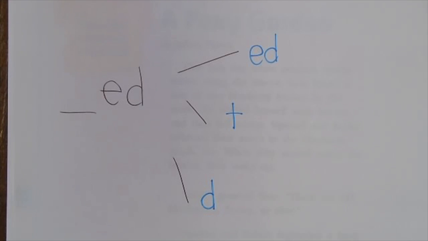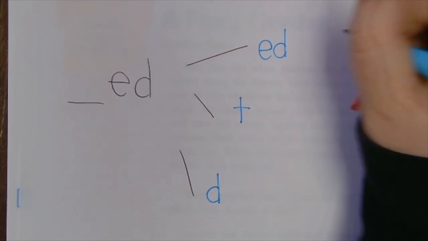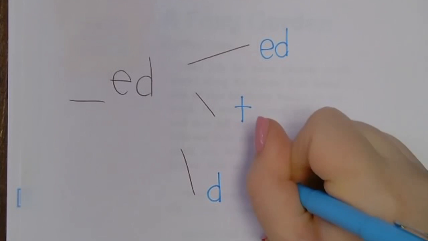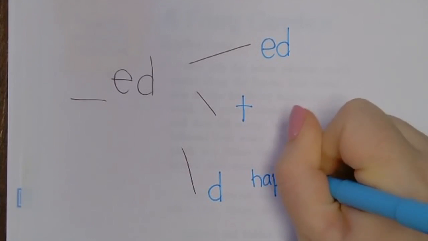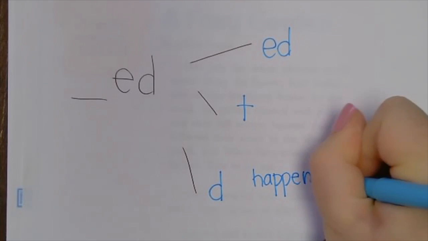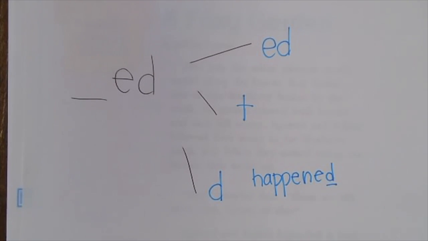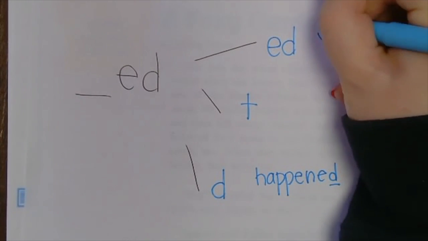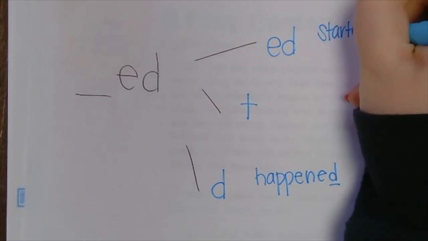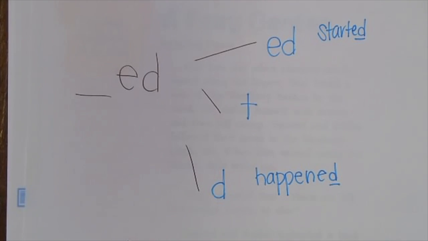So in our story, we know that we have the word happened. Happened. That would go here. Happened. D, d. But we also have another one that said started. Start, ed. It has that ed sound. And then we have that t sound. So I want you to think about a word that has the t sound in it.